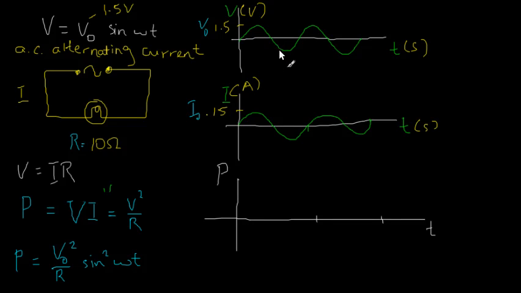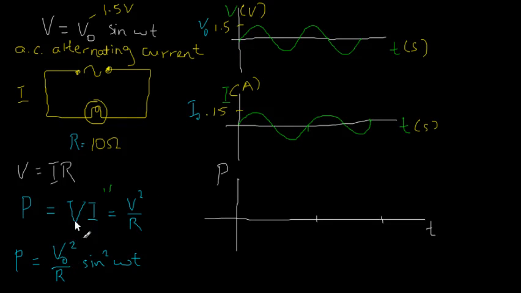Like for example, in this part of the voltage graph, the voltage has a negative value, which means that it's going in the opposite direction. But if I square that, it won't be negative anymore, it would just be positive. So if I plot the power graph, the part where the voltage is 0 is still 0, right?